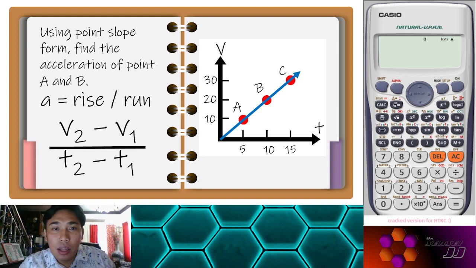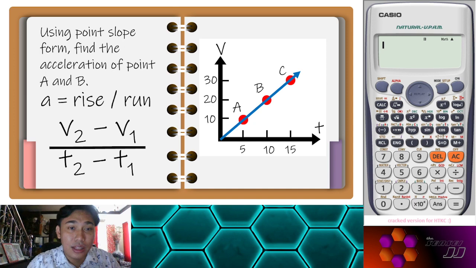So guys, which one is our V2 based on our graph? Is it A or is it B? Which one is our V1? Is it A or is it B?